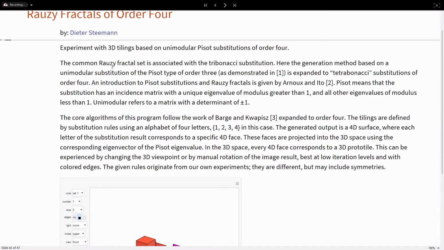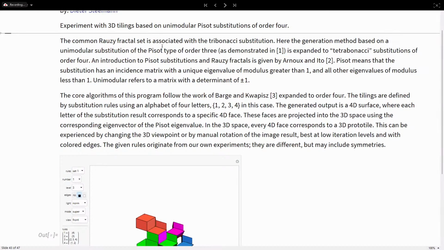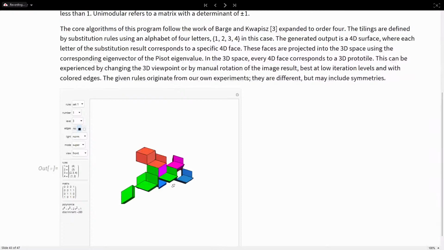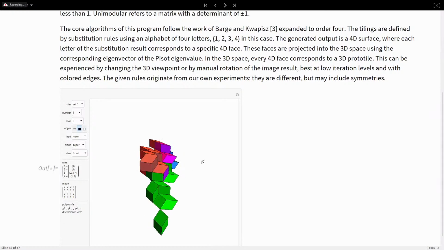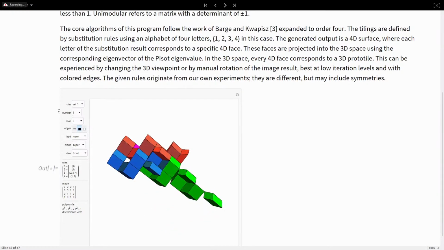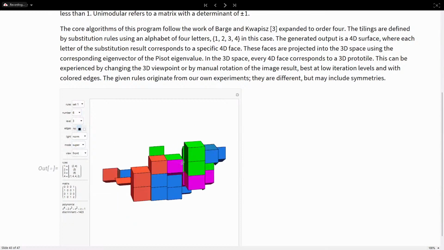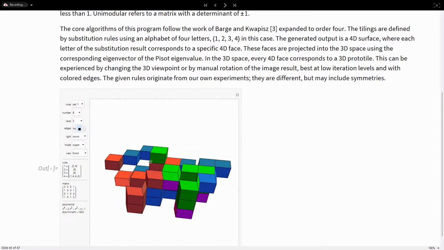We can look at Rousey fractals in three dimensions. And Dieter Steeman has written a number of demonstrations based on these. So let's see what some of these look like. These are examples of Rousey fractals.